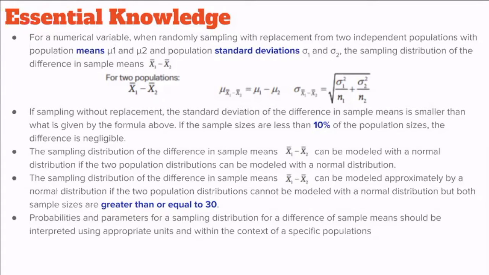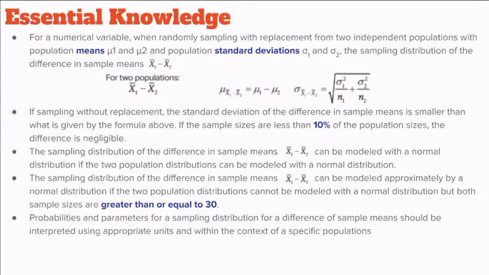10% condition is still in effect here, and you know that's the one that says, hey, we can use this standard deviation formula if our sample is not more than 10% of the population size, and then also we want to make sure that our population is either normal or our sample size is greater than or equal to 30.